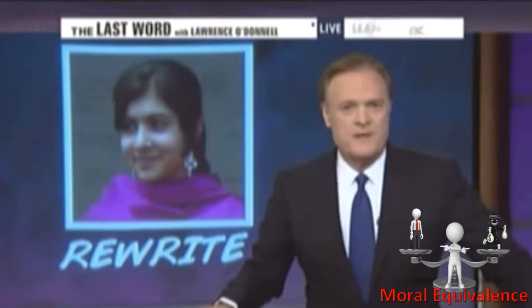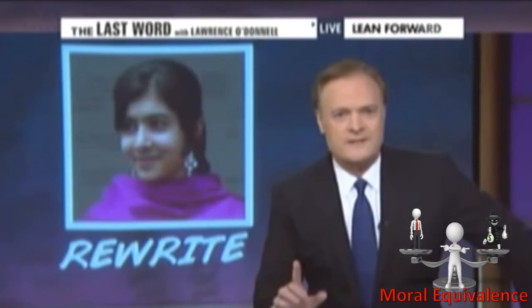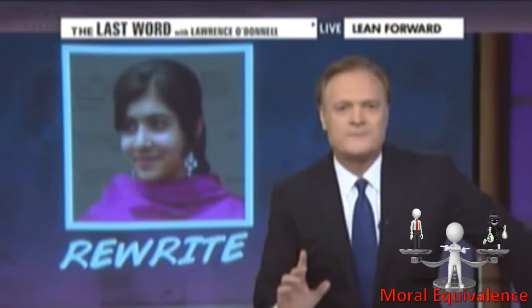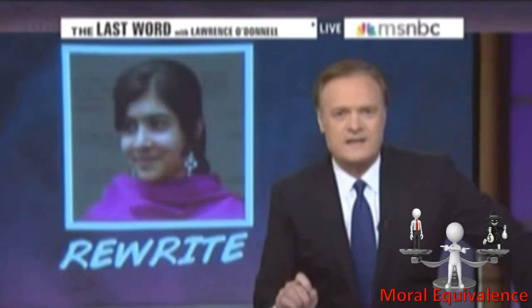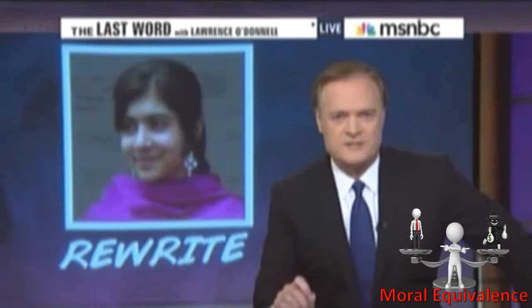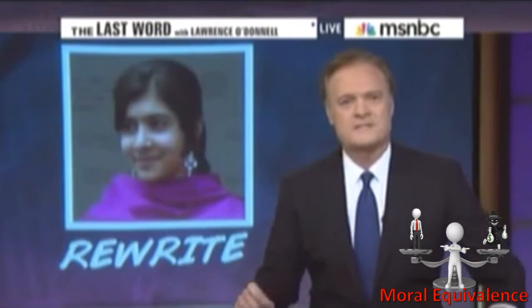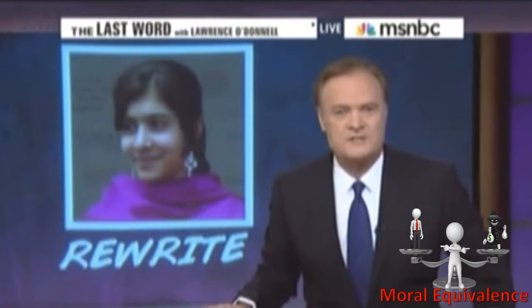Taliban Pakistan spokesman Ihsanullah Ihsan sent a letter to the news media today defending the assassination attempt, and his defense of the assassination attempt contains specific citations from Sharia law and the Quran.